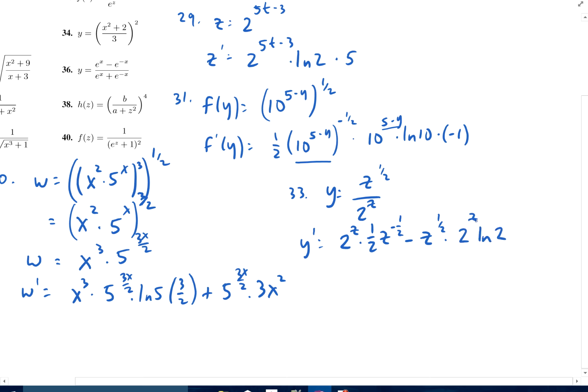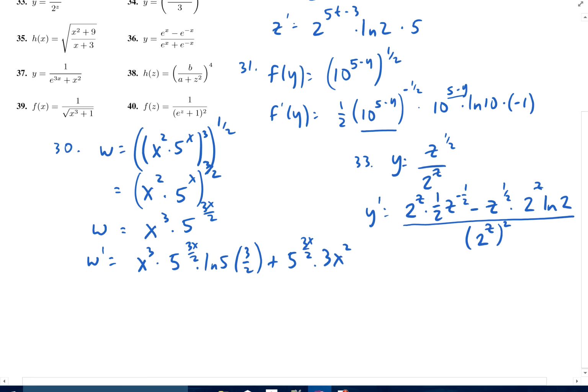This is why I put lines in my z's, because otherwise my z's and 2's would look alike. All over the bottom squared, 2 to the z squared. Okay, does that look okay? I'm just kind of looking at it right now, making sure we're good. Yeah, we'll go with that. You can maybe rewrite this a little bit, but it's not really going to simplify too much.